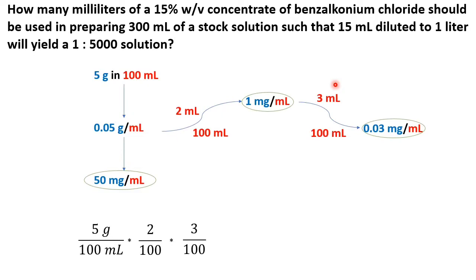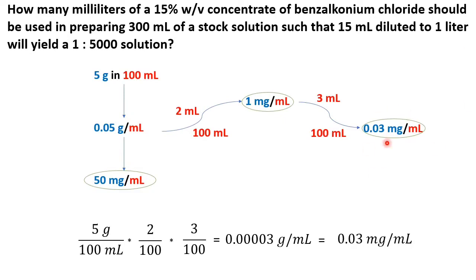So the concentration of the final solution would be 0.00003 grams per milliliter, or we can convert it into milligrams per milliliter by multiplying by 1000. So the final concentration is 0.03 milligrams per milliliter.